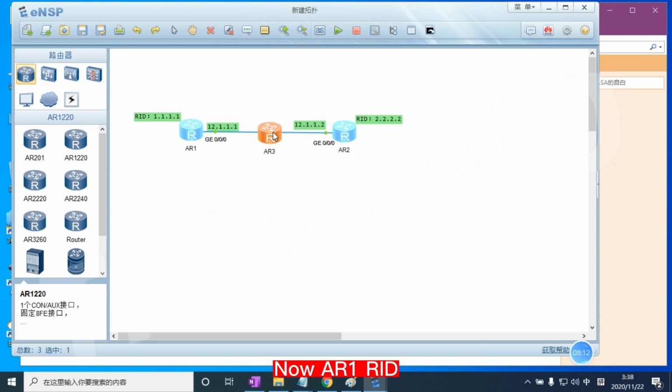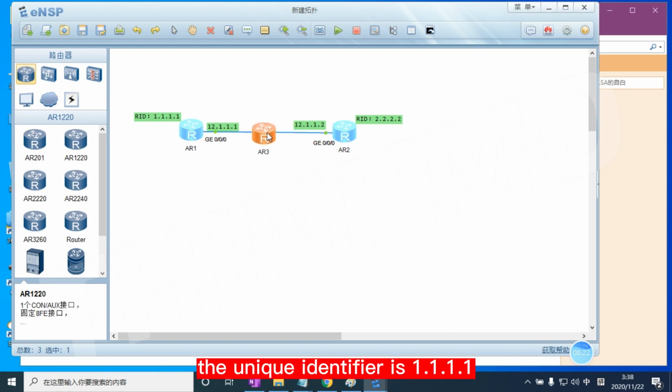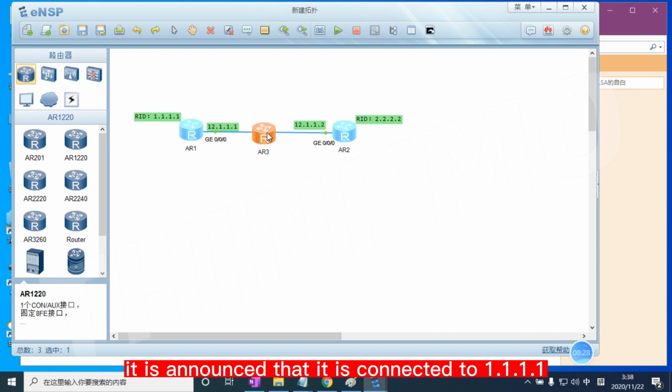Now AR1's RID, the unique identifier, is 1.1.1.1. This is the router AR2, whose unique identifier is 2.2.2.2. So this pseudonode announces that it is connected to 1.1.1.1, and the other is connected to 2.2.2.2.